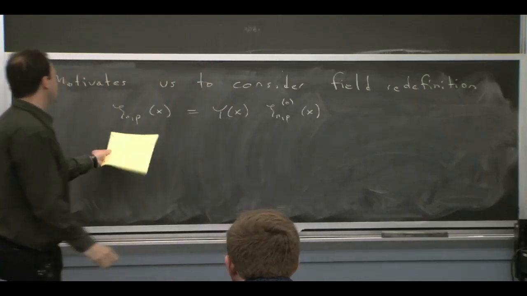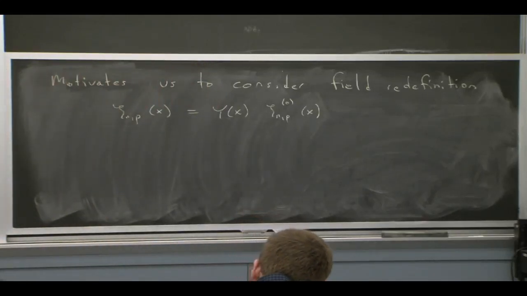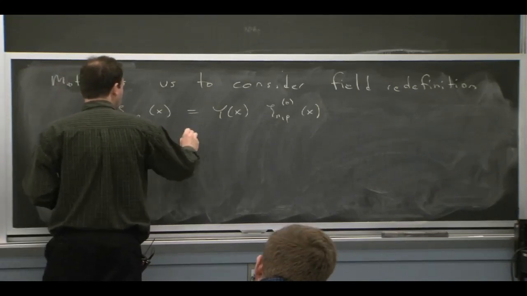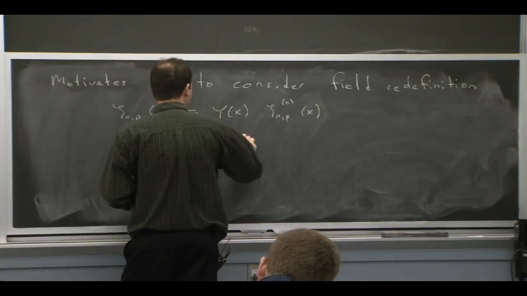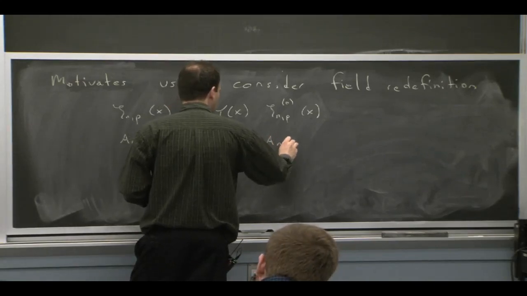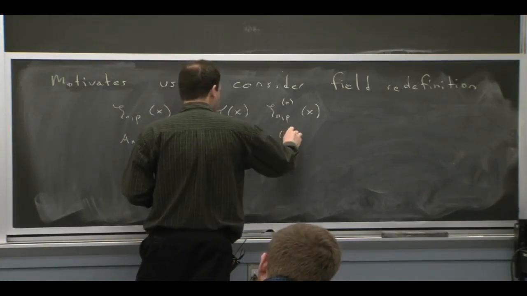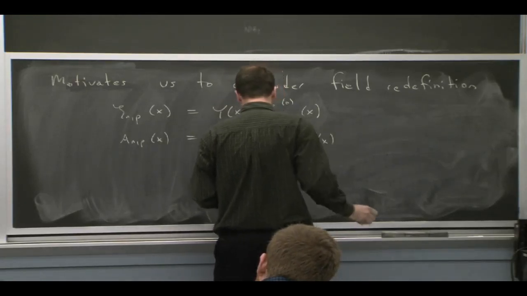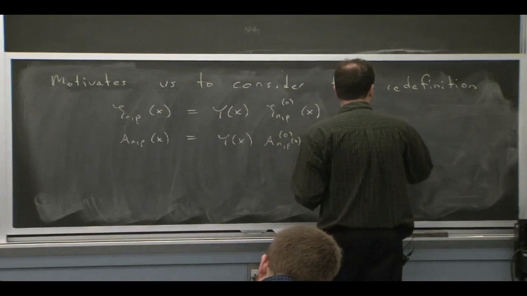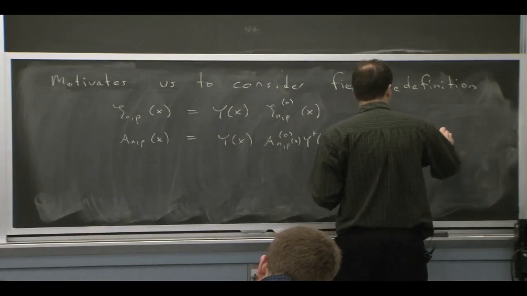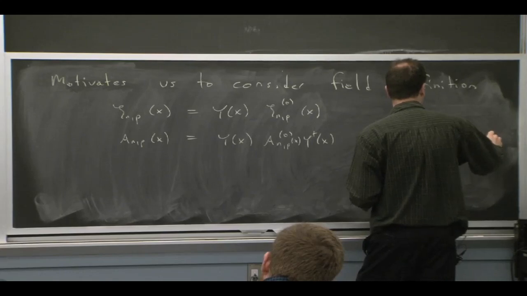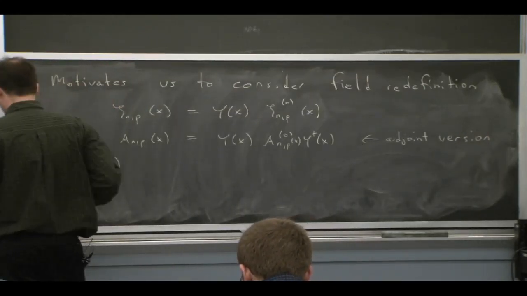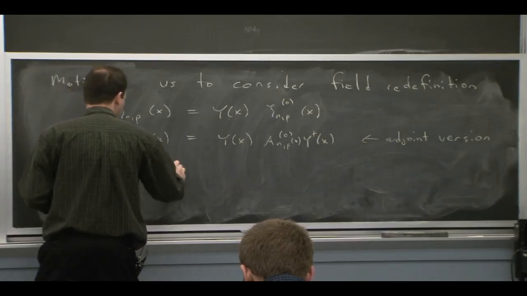We take our original collinear field and we pull out a Wilson line Y, and we can do a similar thing for the gauge field. This is just the adjoint version of the same field redefinition, where Y is a Wilson line, which corresponds to that in momentum space and in position space.